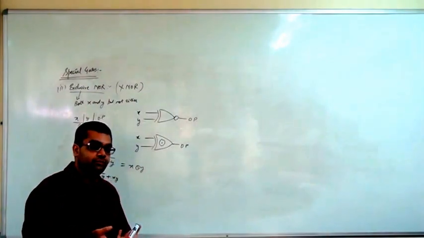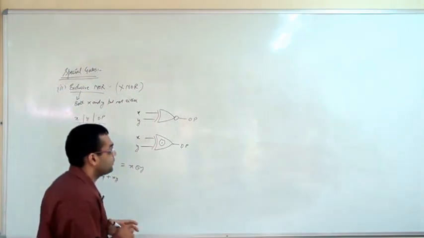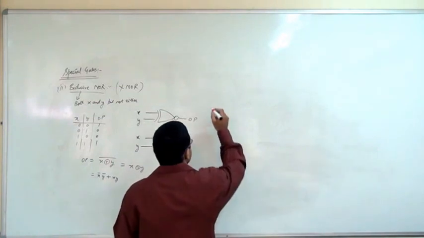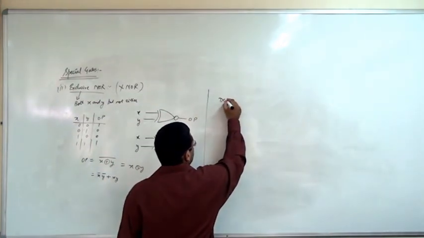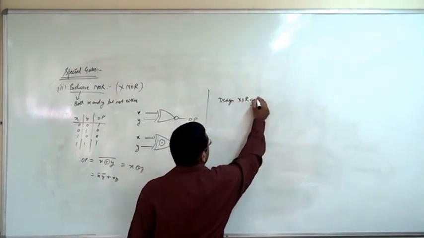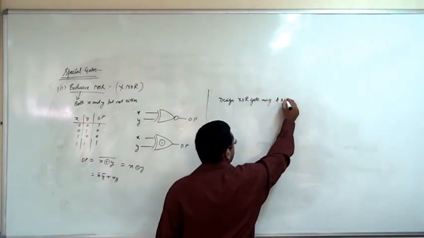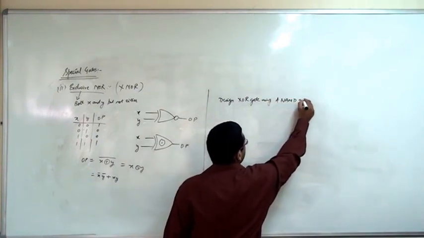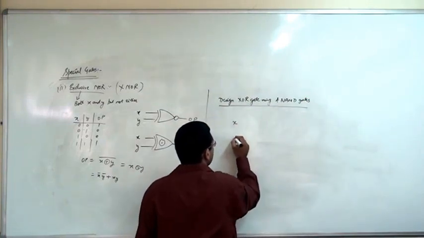Now another very important use of the universal gate, our NAND gate: you can design our XOR gate using 4 NAND gates. It is done like this.